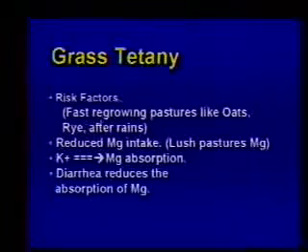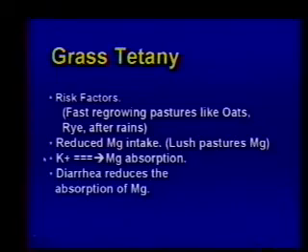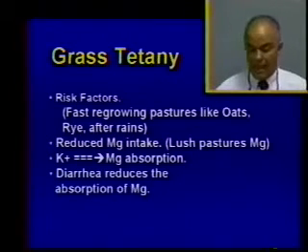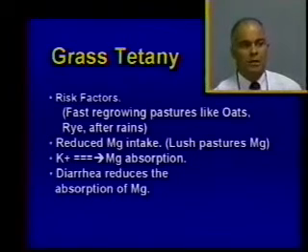What are the risk factors for grass tetany? These are cattle that are grazing in fast-growing pastures such as oats and rye, particularly after rains. Oats and rye are considered winter pastures, and during the rainy seasons in certain parts of the country, in the southeast and out west, we have these pastures that grow rapidly, and they actually have low magnesium content.